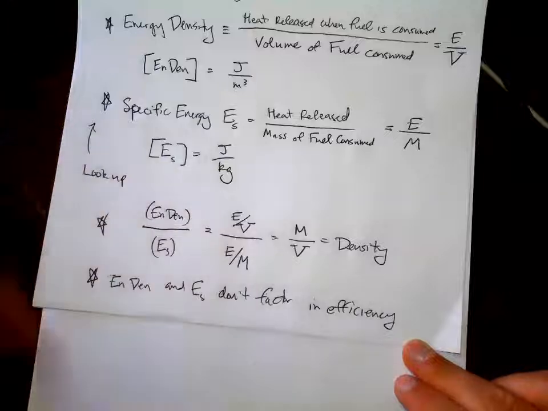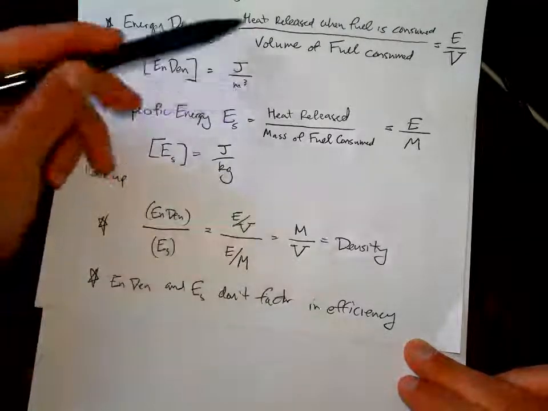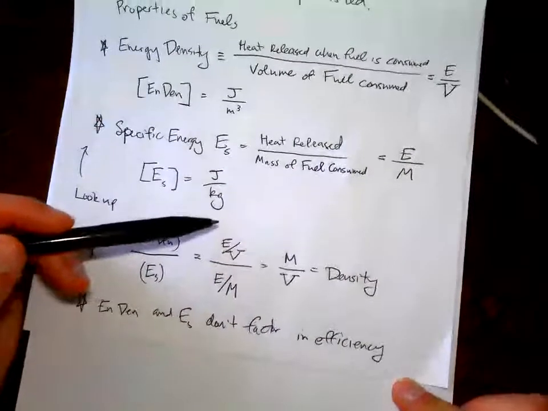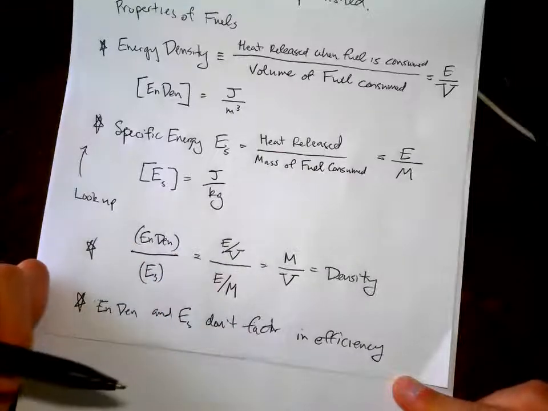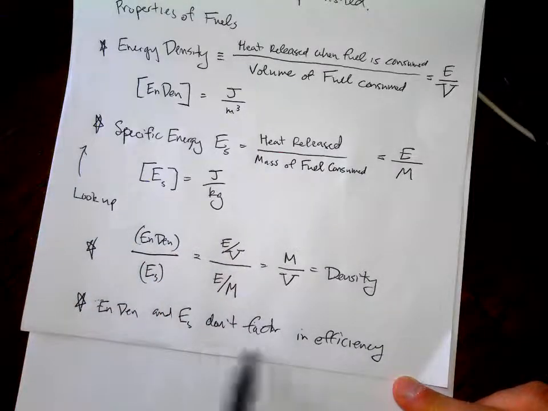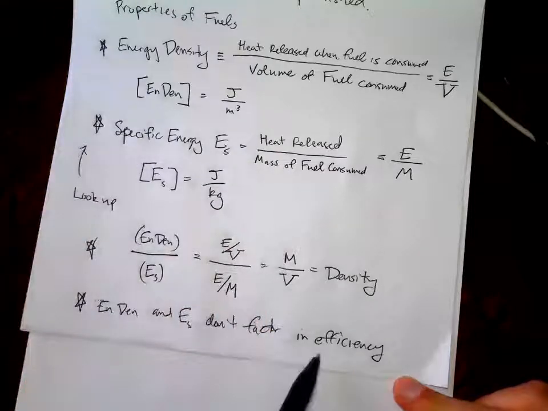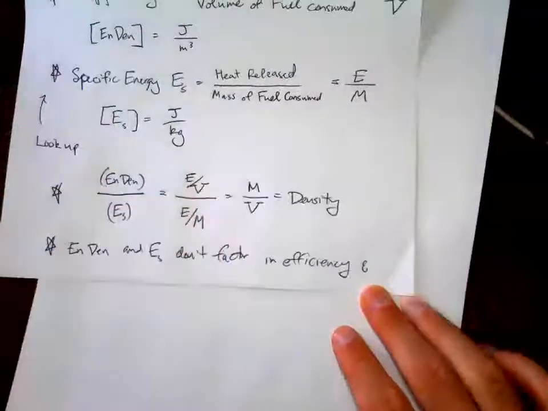So this is purely the heat released. There's going to be some kind of an engine, a heat engine that turns that heat into work, and it's not going to be 100% efficient. And so the efficiency depends on the method. And just to remind you, the efficiency is denoted by epsilon.